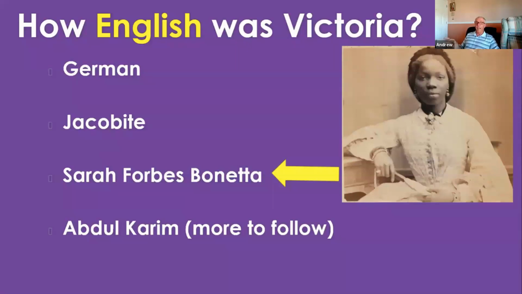And in fact, Sarah Bonetta and Victoria became quite close friends. Victoria agreed to pay for Sarah's education. And Victoria also agreed to be the godmother of this woman's child, which I think really speaks well about Victoria's tolerance as a woman. Next slide.